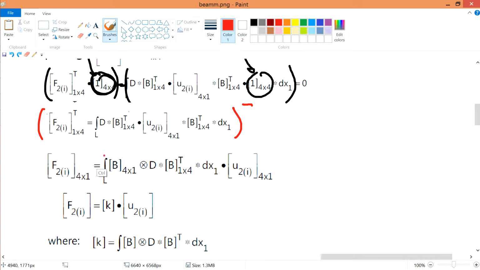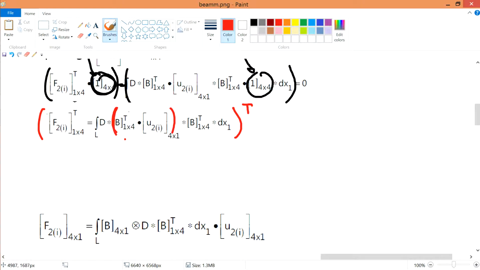Please be careful of the transpose rule. If I transpose 1 times 4, I'll have 4 times 1. As you can see, this thing will be removed, because its transpose is equal to 1. That's all, and therefore this part over here is settled. Now next, let's see what we can do. This thing over here I'll let stay the same, because as you can see, this one is an inner function, because the t is inside.